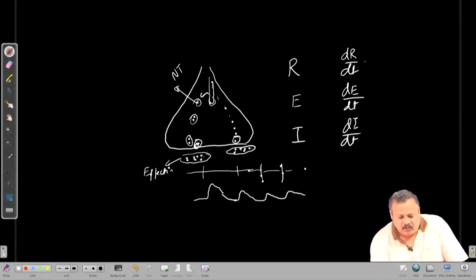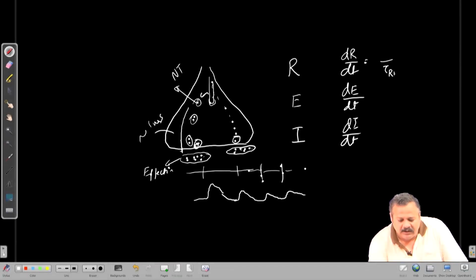However, this particular model has three time constants. The recovery to effective, tau Re, is very small, of the order of 1 millisecond. It takes neurotransmitter from the recovered state out into the effective state only when there is a spike.